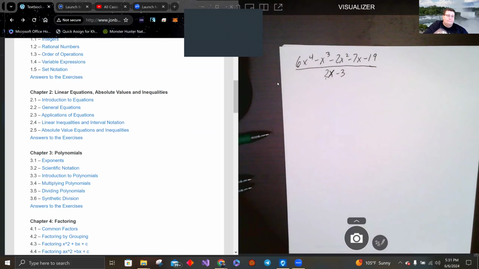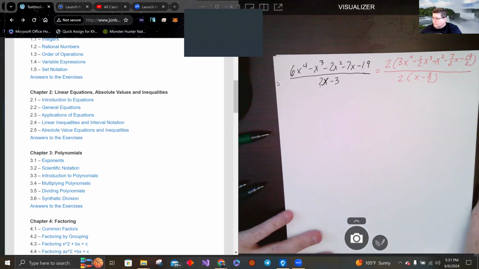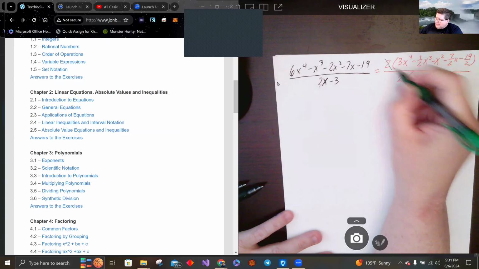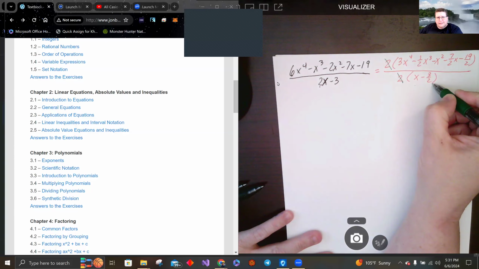If I divide everything on top by 2, I have 3x to the 4th minus 1/2 x cubed minus x squared minus 7/2 x minus 19 over 2. If I pull out a 2 here, I have x minus 3/2. The 2's cancel, and now I have something with a leading coefficient of 1 on bottom.